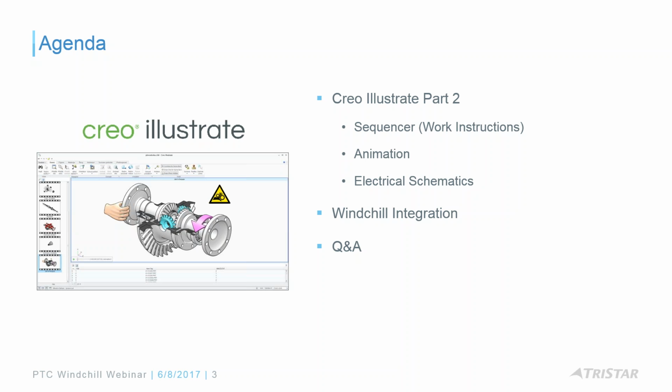If I have CAD information that resides in Windchill that's coming from the CAD tools, how can I reuse that information and also manage my illustrations in terms of revisions and iterations directly in the PDM software? And also, if engineering changes some of those CAD designs, how can my illustrations be updated, or how can I be notified if there are any changes that need to be reflected in the illustration?